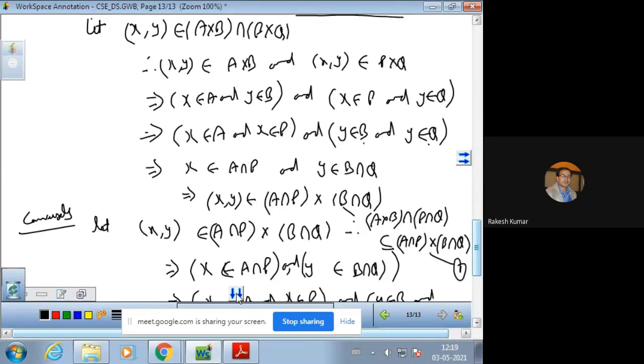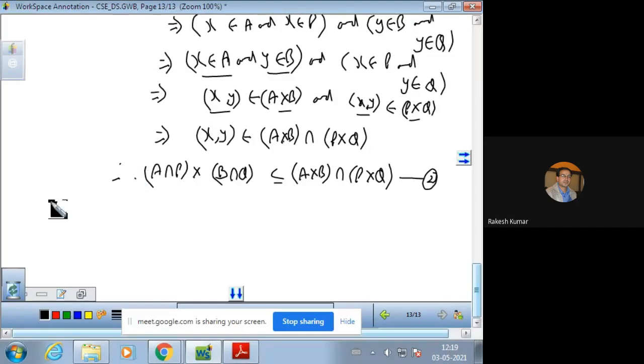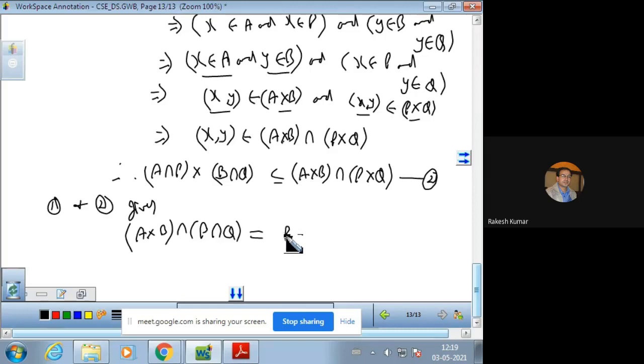Now combining number 1 and number 2, we shall have both sets equal. So A cross B intersection P cross Q is equal to A intersection P cross B intersection Q. Now both the sets are equal.